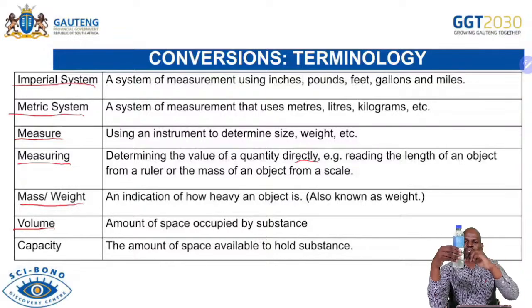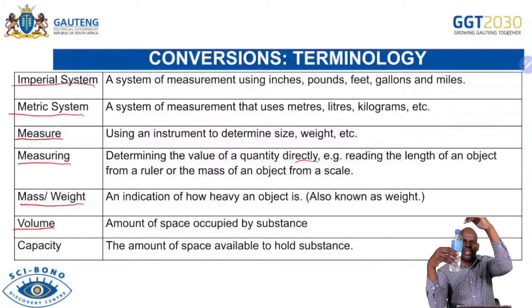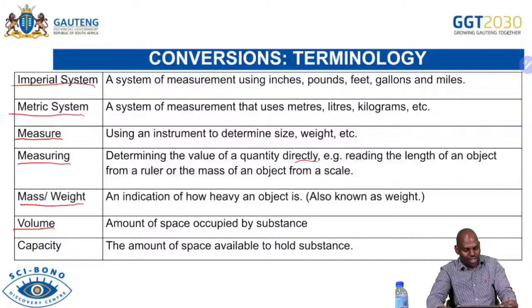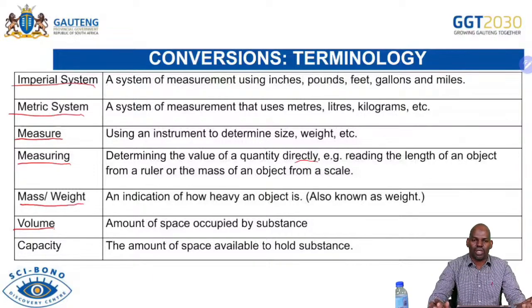So capacity is the amount of space inside the bottle. I hope you remember all these terminologies, boys and girls. You don't necessarily have to memorize them. Find a way of interpreting them in your own way, but as long as you can give about 4 to 5 words in your own explanations, that will be enough.